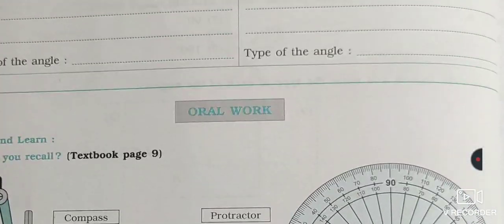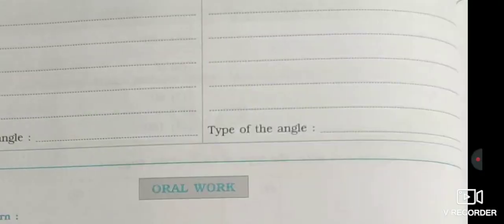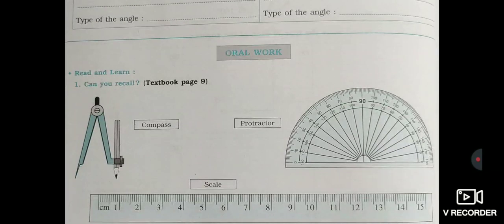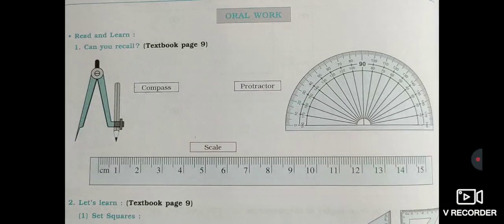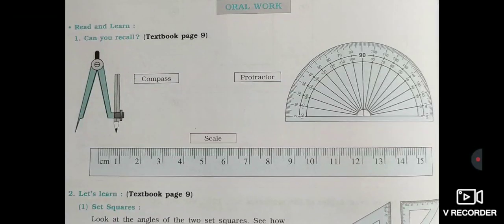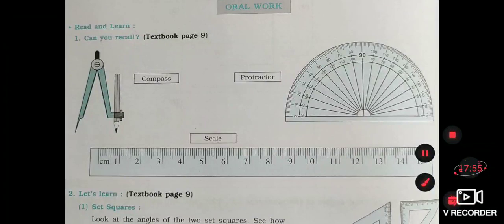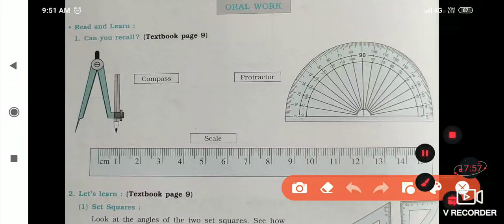This type of angle is called an acute angle. In that way you have to do the revision of this, and draw the different types of angles also.